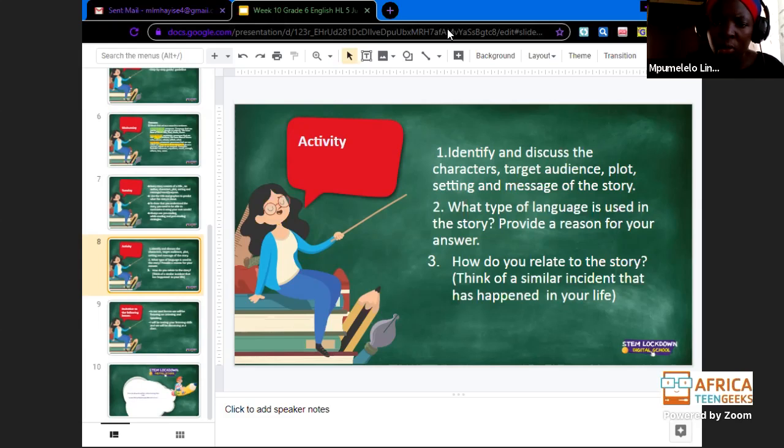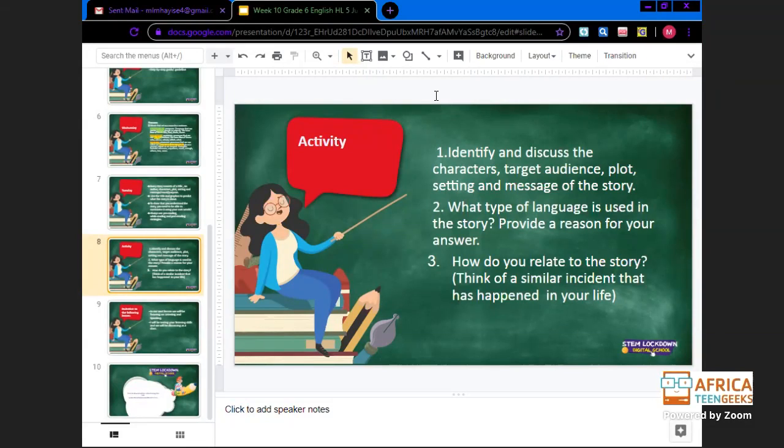Let me unmute Letogutle. Yes. There's this thing that I used to do in school when I was in grade 4. It's called repeat. You have to cross your fingers.